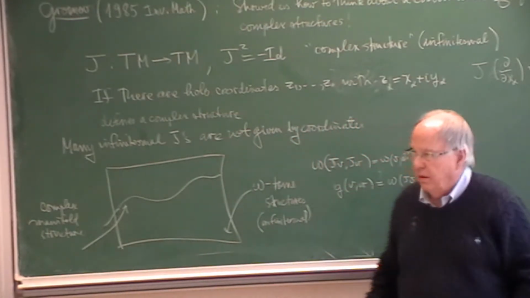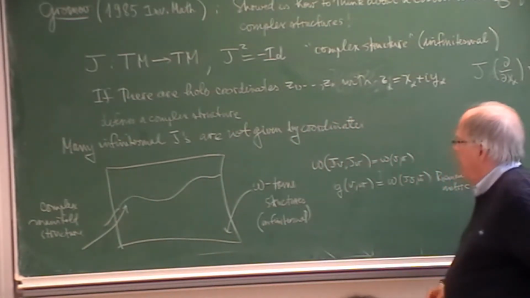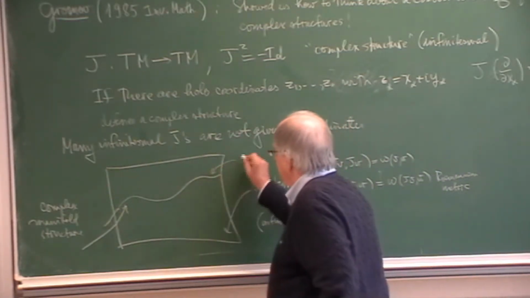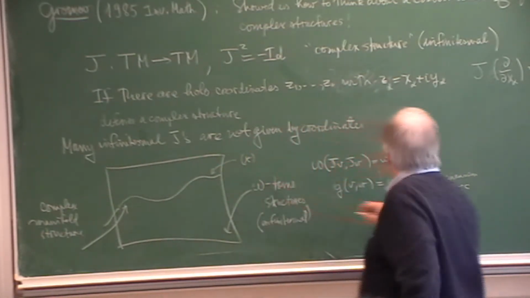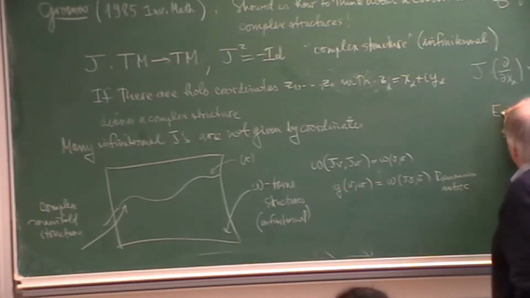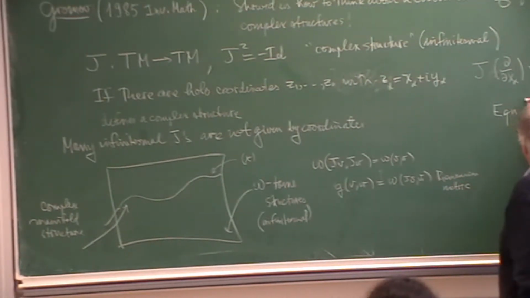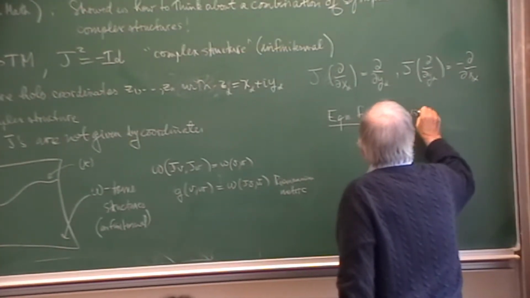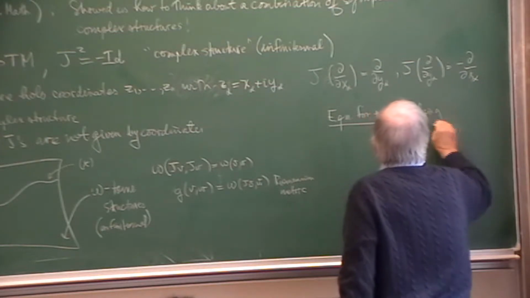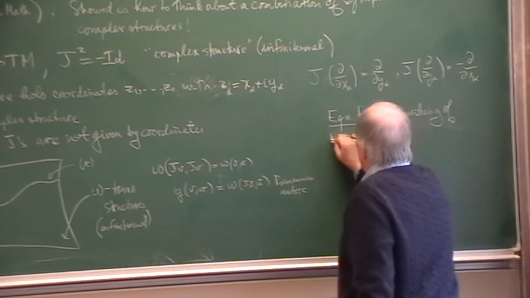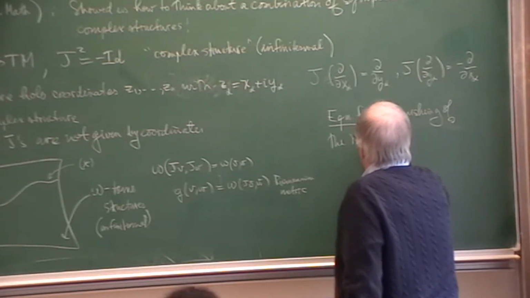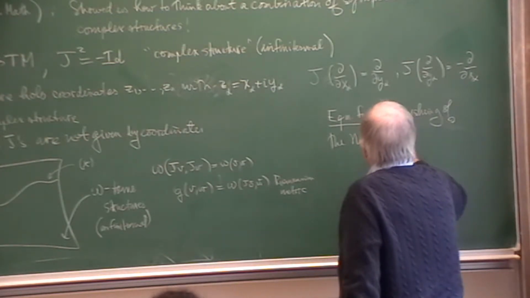Okay? And let me call this thing star. The equation for star is the vanishing of what is called the Nijenhuis tensor. I told you about this last time.